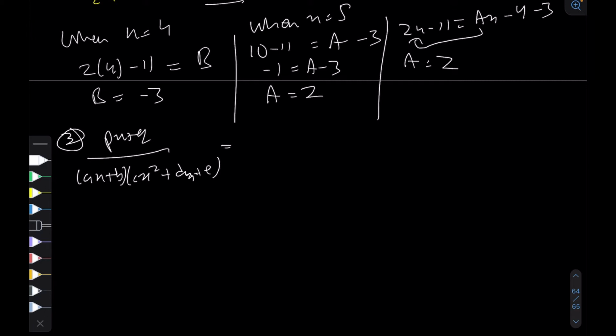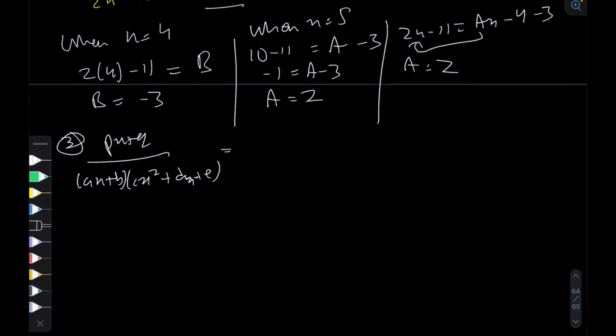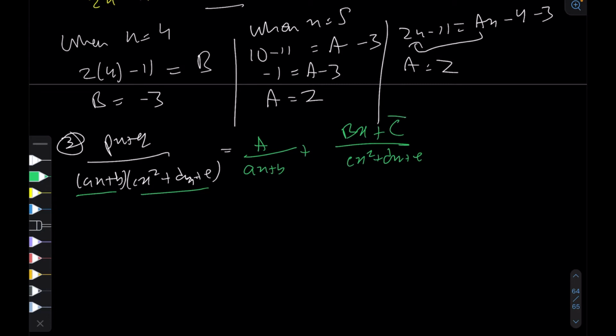Now in this case, first of all, let's handle something we've already done before. This would be a over ax plus b. For the quadratic that is not reducible, this would be some number x plus another number, divided by that quadratic, cx squared plus dx plus e. So this is a linear and this is a quadratic.